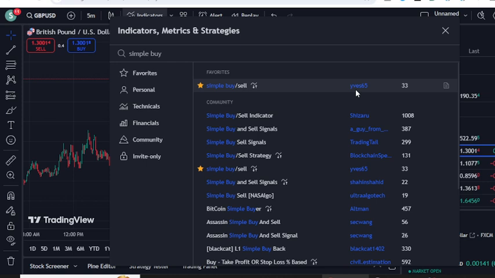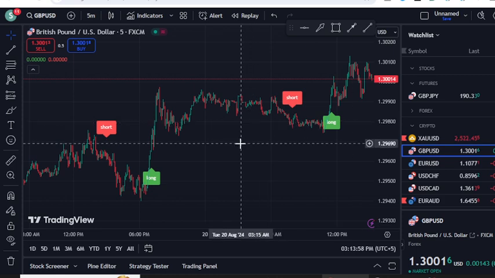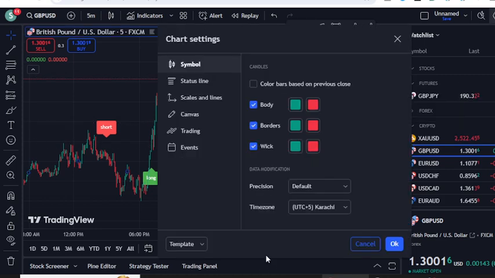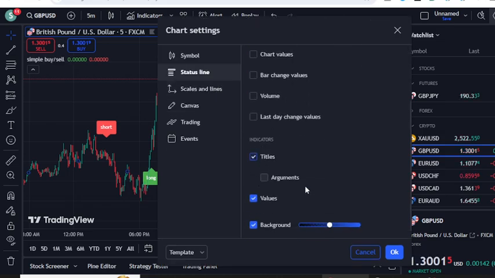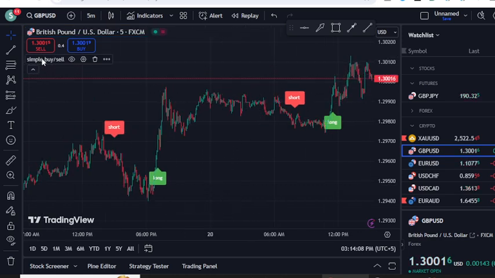This indicator is by someone called YVES65, and you can see this is new stuff, with only 33 likes on this indicator. It is not an indicator overloaded and used by a lot of traders. So this is a new thing, and you can simply attach this indicator, simple buy sell by YUV.